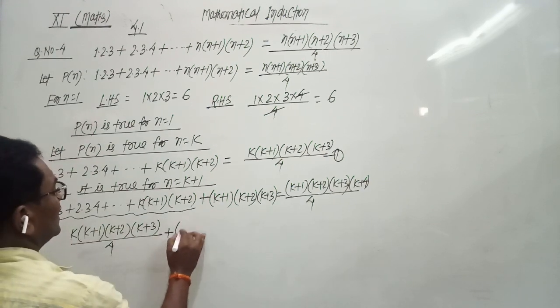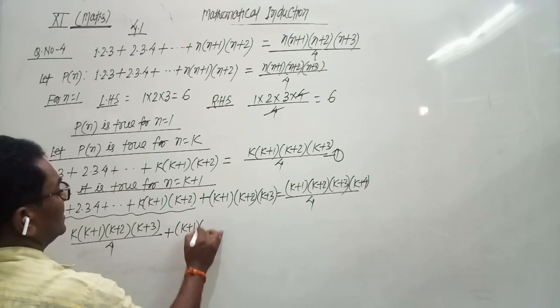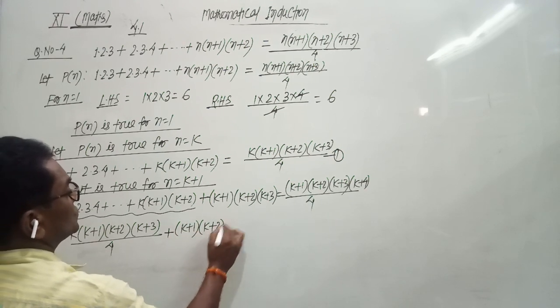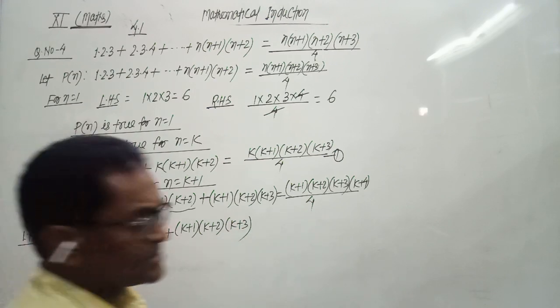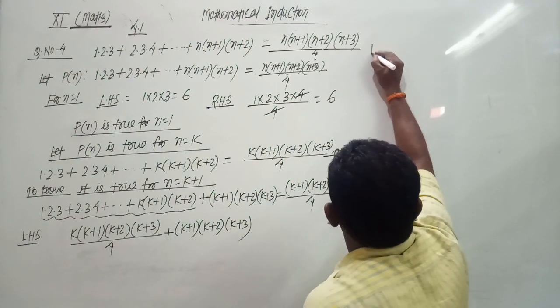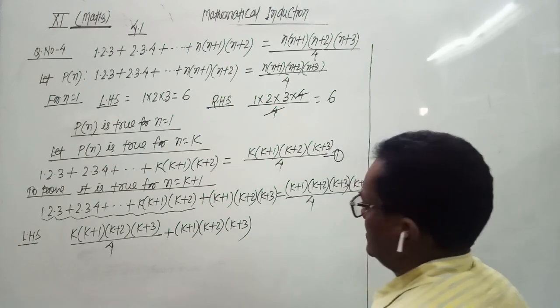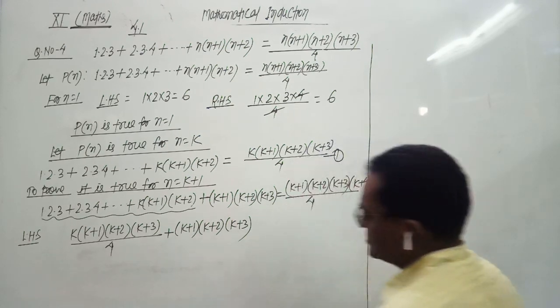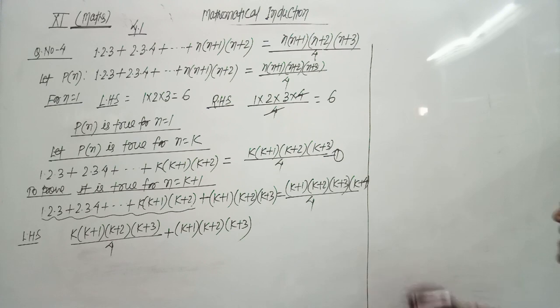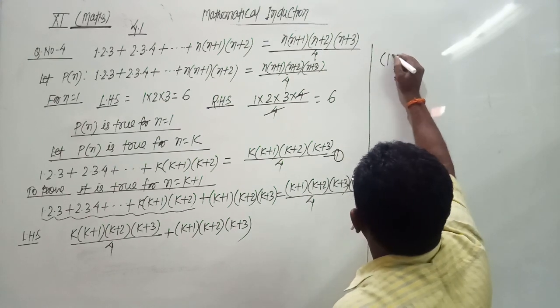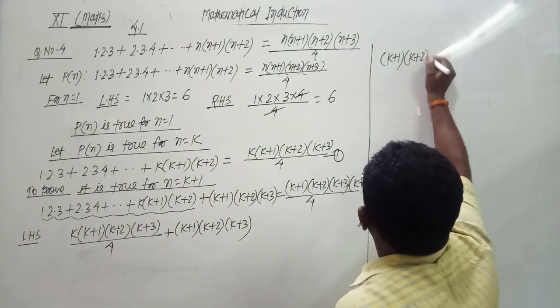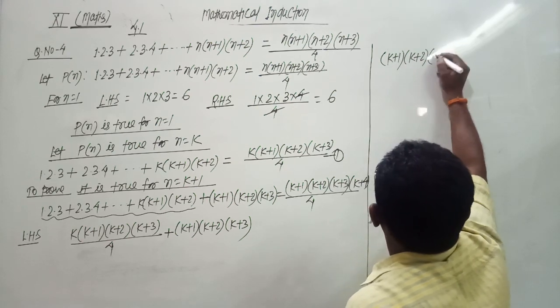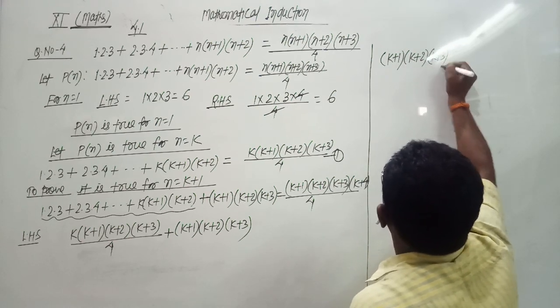So plus k plus 1 into k plus 2 into k plus 3. Now we proceed. So we take common: from these two terms, k plus 1, k plus 2 and k plus 3 is taken common.